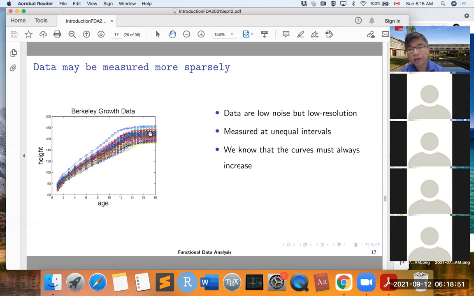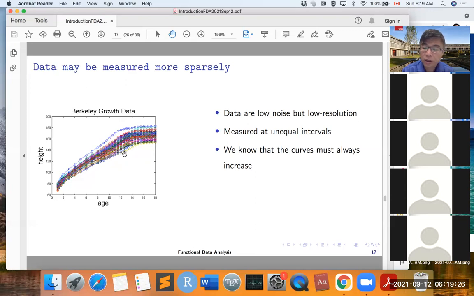Typically the first step is to transform the discrete measurements over time into a continuous function. After that, we can do a lot of modeling and inference, and we don't need to worry about non-equally spaced data anymore.